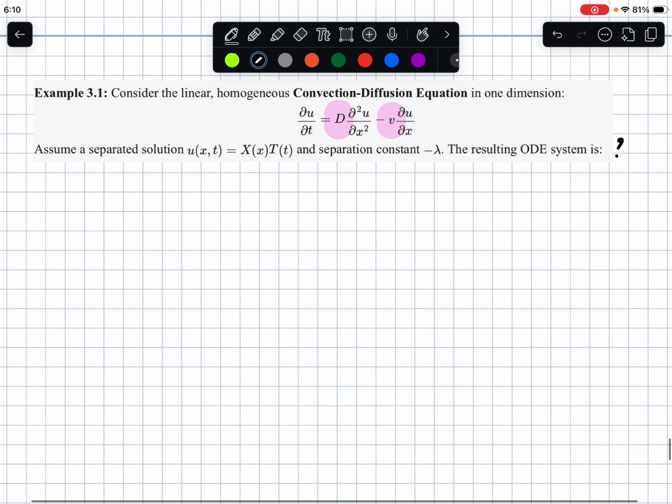So let's separate the variables: u(x,t) equals X times T. X is a function of x and T is a function of small t.